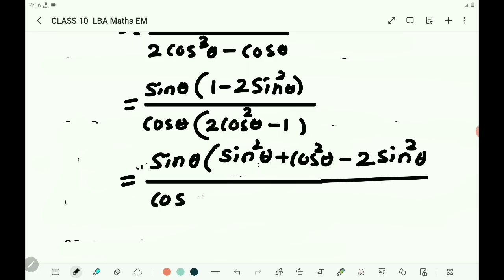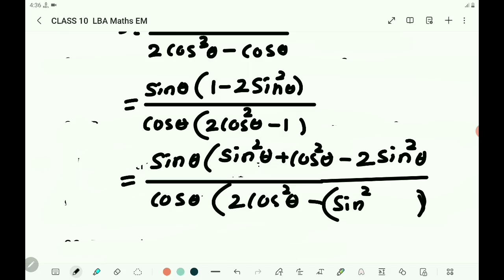Here cos theta into, write this 2 cos square theta as it is, 2 cos square theta minus, in the place of 1 write sin square theta plus cos square theta. Sin square theta plus cos square theta.